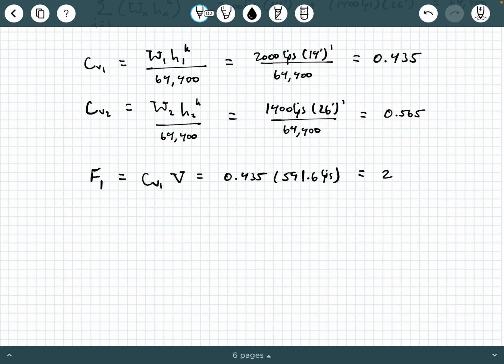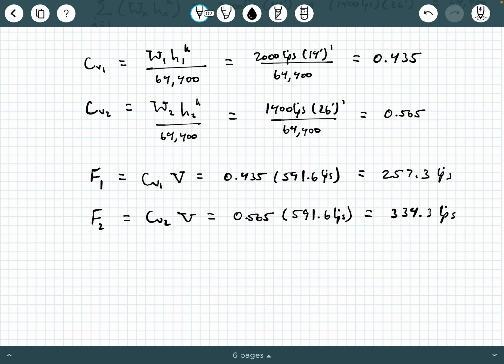We get 257.3 kips. And then F2 is CV2 times the base shear. So that's going to be 0.565 times 591.6 kips. So let's see what we get.